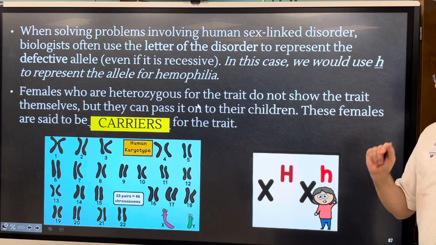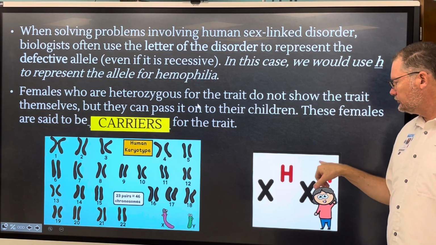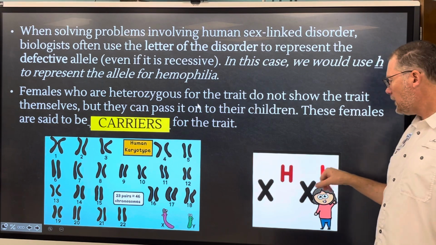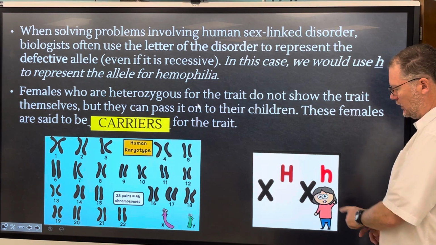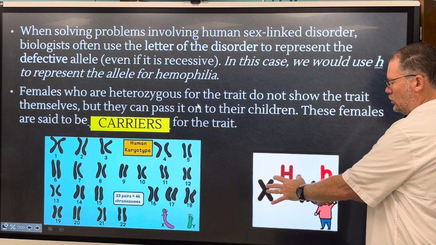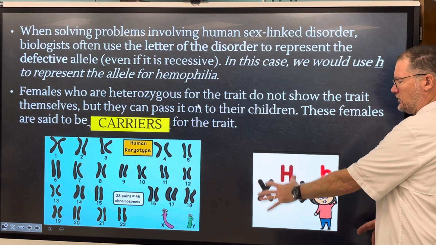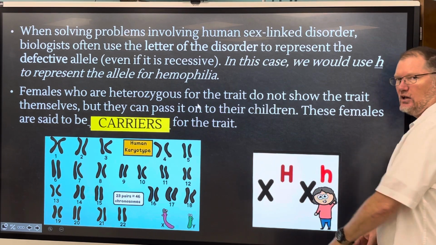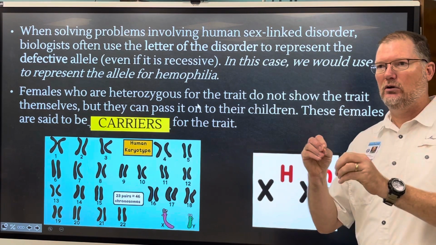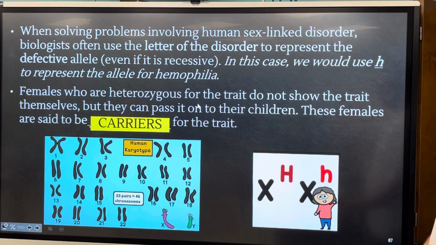A female who has the trait on one X, this is the recessive trait, you have to have 2 of them to have hemophilia. She would not have hemophilia, she would be a carrier for it, so that her children would have a chance of not having hemophilia and a chance of having hemophilia, depending upon which X chromosome went into the egg and was fertilized, right?